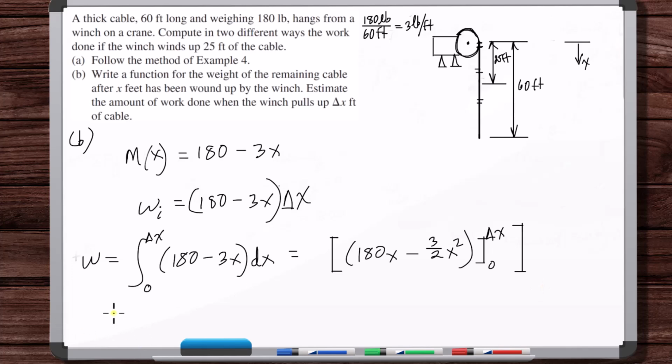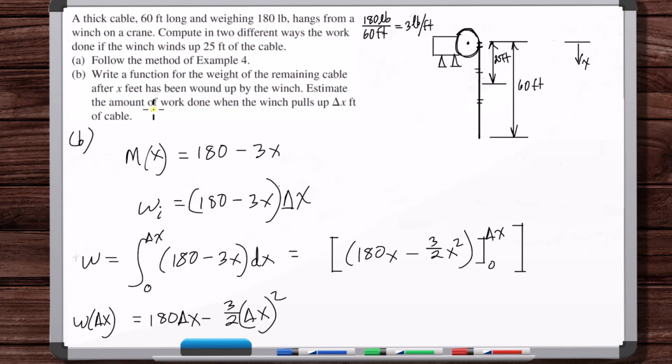All right, so this is 180 delta x minus 3/2 delta x squared. And then we plug in 0. So yeah, that should be it. W of delta x.